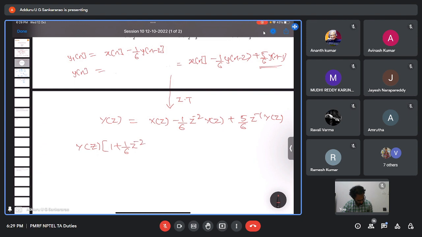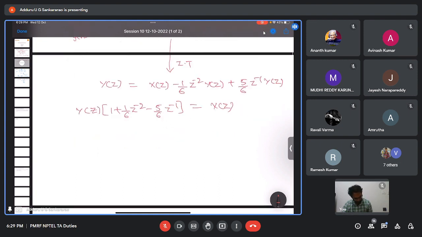So z power minus 2 minus 5 by 6 into z power minus 1 equal to x of z. So we need to get in this form. Transfer function is nothing but output z transform by input z transform. So y of z by x of z, what we get?